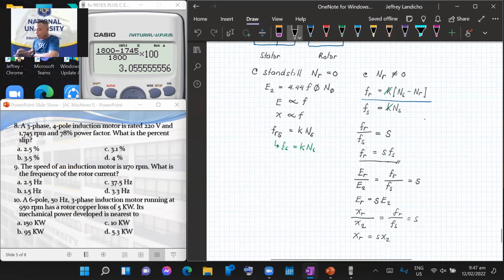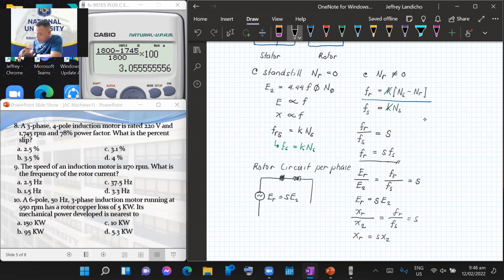Kaya kapag simplified natin yung ating rotor circuit per phase, no? So the rotor circuit per phase, makikita na natin that with the corresponding source voltage, this is the rotor voltage, which is equal kanina S multiplied by E2, and you have the rotor resistance, and you have the rotor reactance.